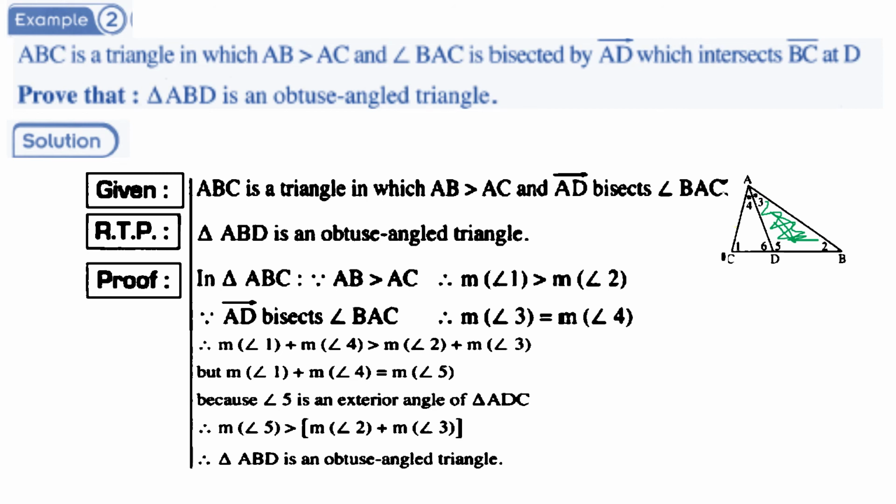So angle C is greater than angle B because it's opposite to the longest side. AD bisects angle BAC, so we have angle BAD equals angle DAC.